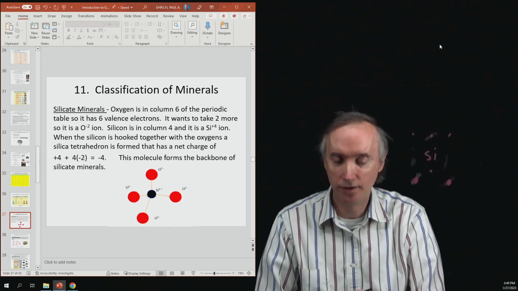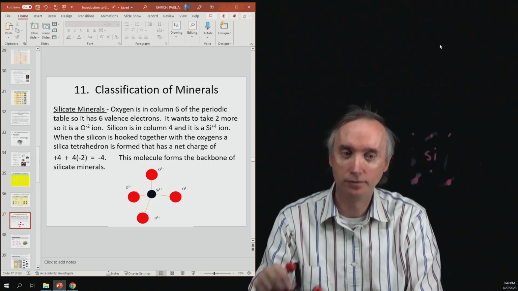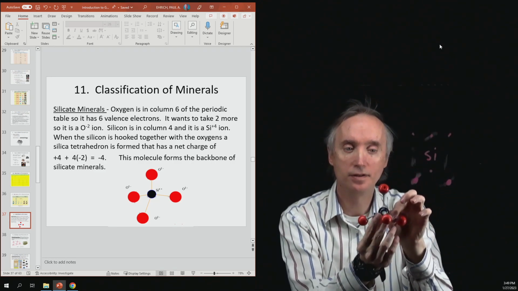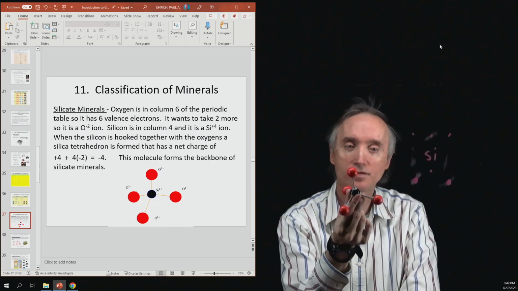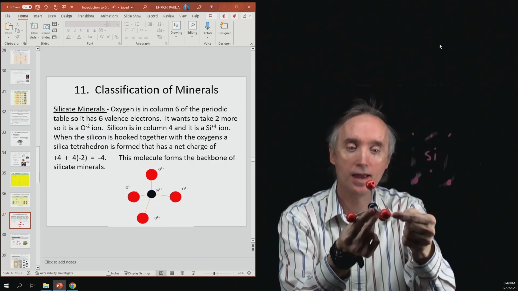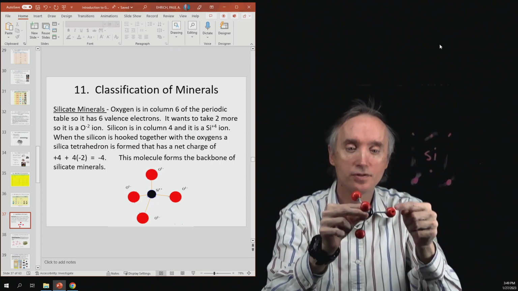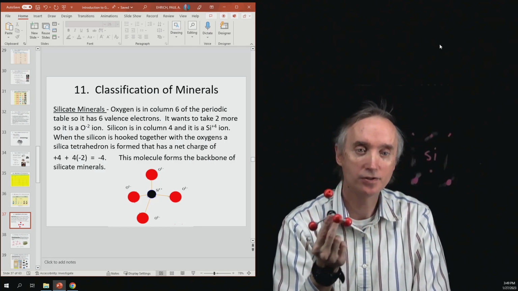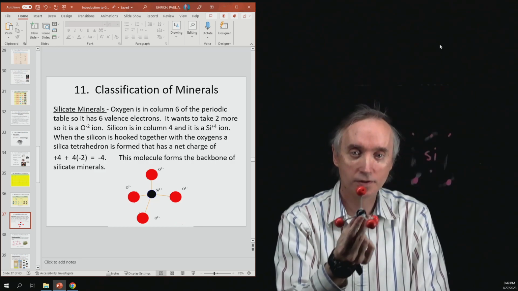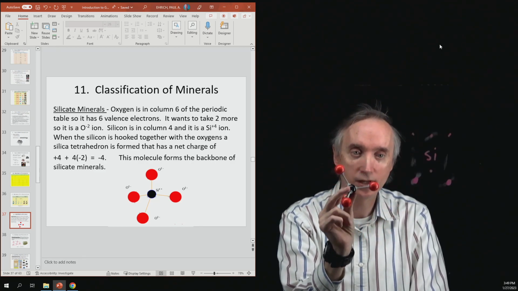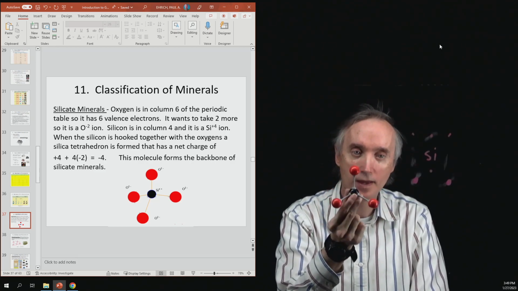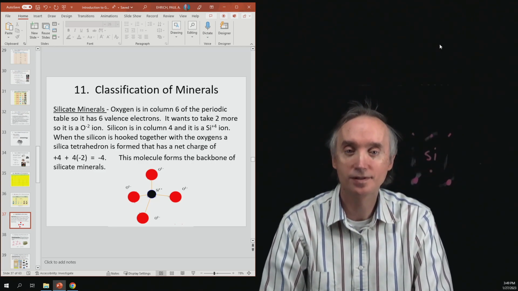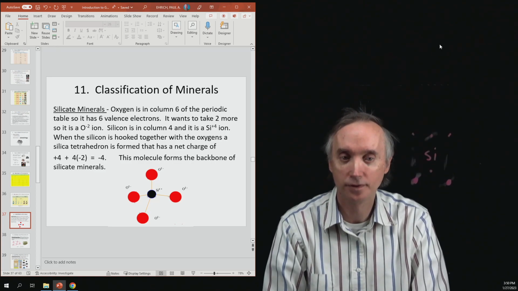So you would end up with something that would look like this. The silicon's in the middle, and it's got these 4 oxygens, and notice that those oxygens are as far away from each other as possible. Tetra means 4. So this is the silica tetrahedron, and this is the basic building block of the silicate minerals.